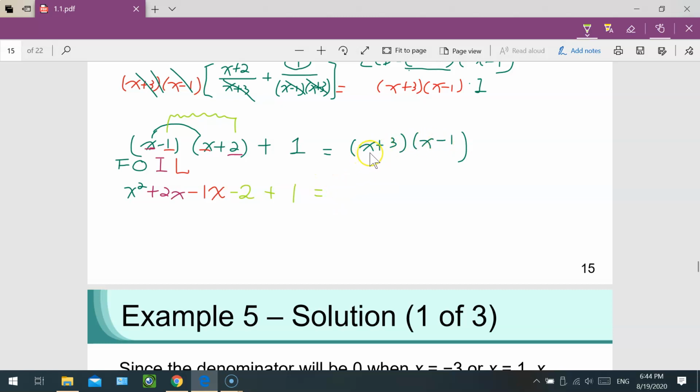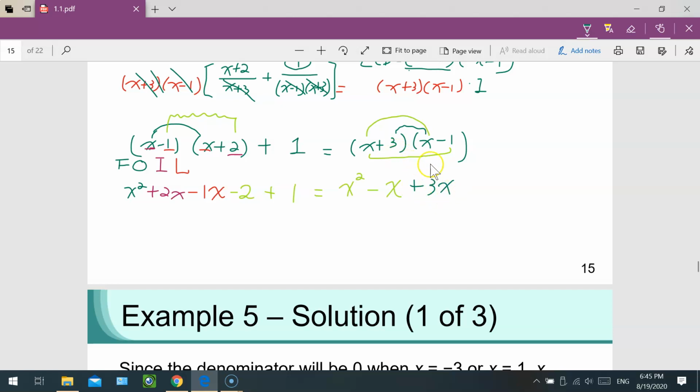We do the same thing here. We use FOIL. The first 2, we will have x squared. Outside 2, we will have -x. Inside 2, we will have a positive 3x.